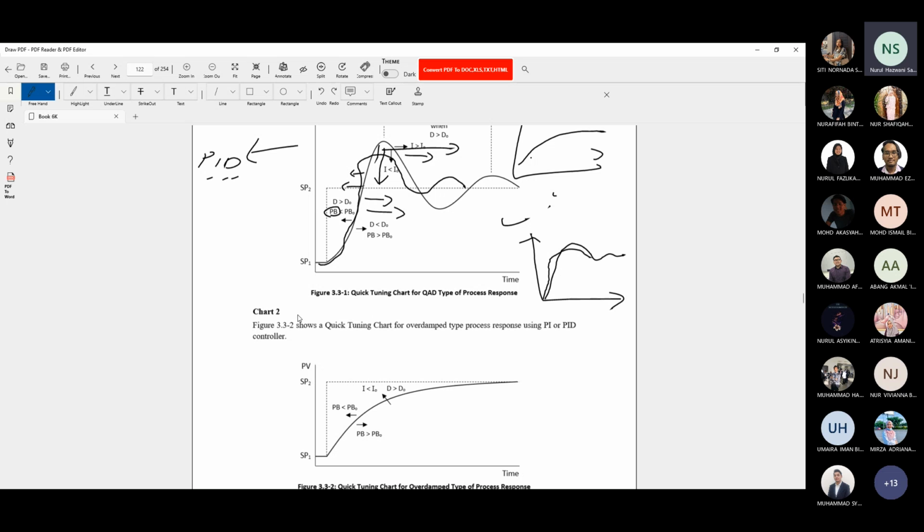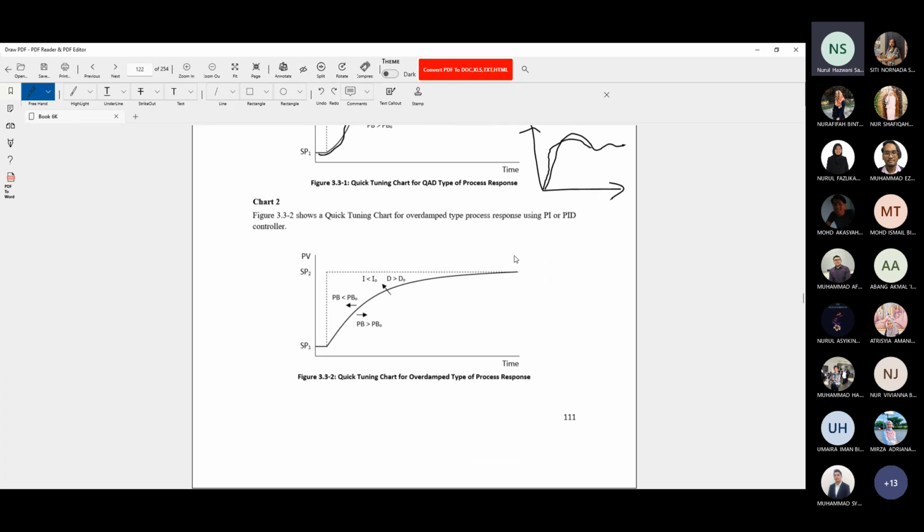Okay, now we have the other chart, which is chart 2. Chart 2 is for the overdamp type process response, using PI or PID controller for this one.